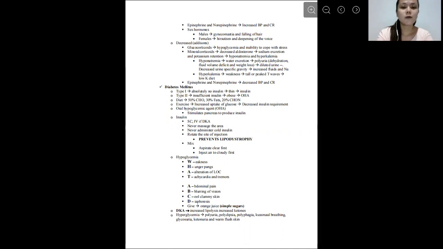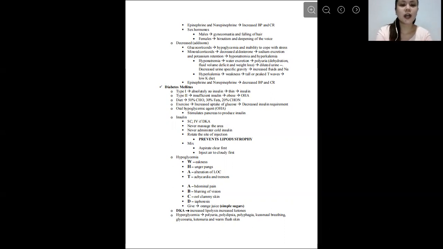Oral hypoglycemic agent, OHA, this classification of drugs stimulates the pancreas to produce insulin. Example, metformin. Insulin administration is usually through subcutaneous, but if it is a DKA or diabetic ketoacidosis, the insulin is administered through intravenous, because in intravenous the insulin acts immediately.